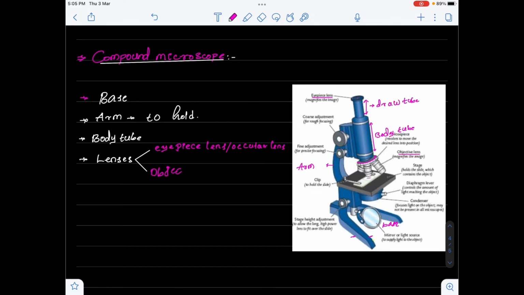So in a compound microscope we can see two types of lenses. One type is the eyepiece lenses, also known as ocular lenses, and another is the objective lenses. Here more than two objective lenses are present with different magnification powers.